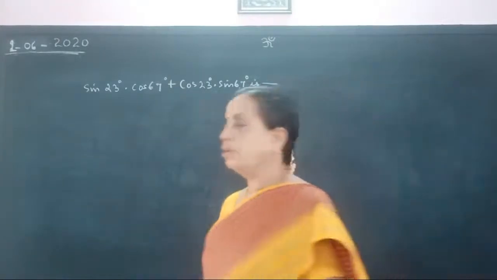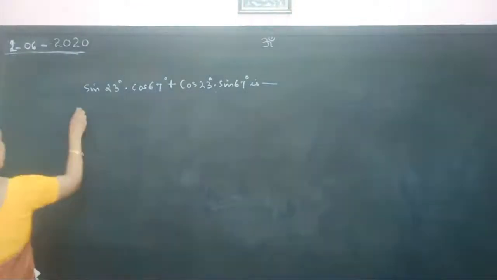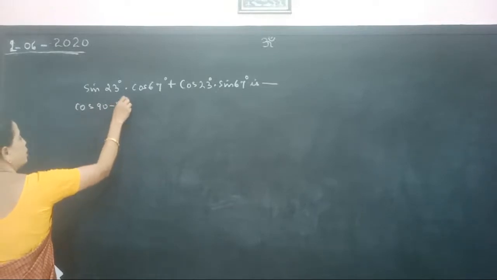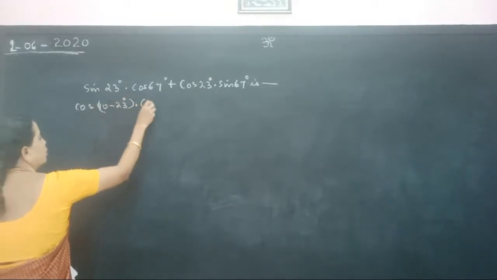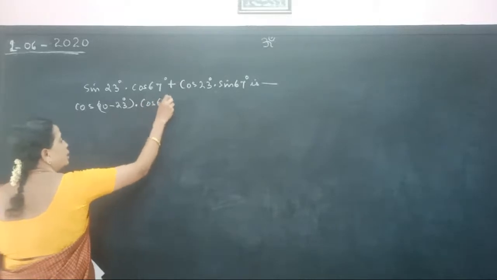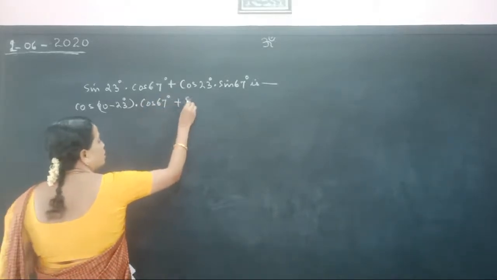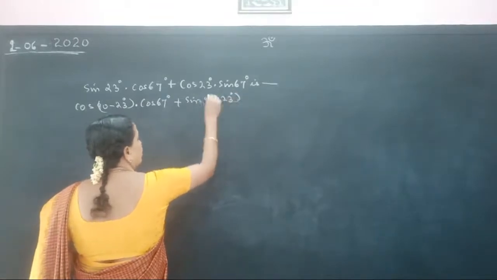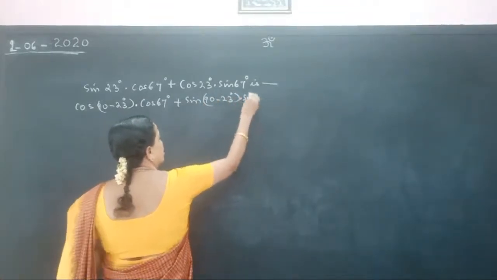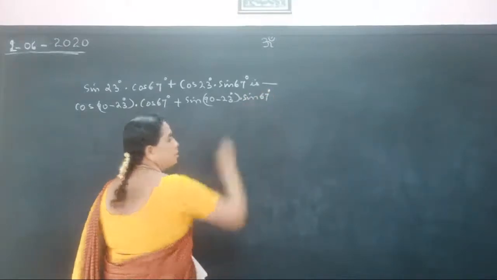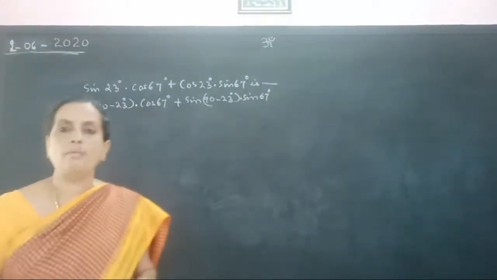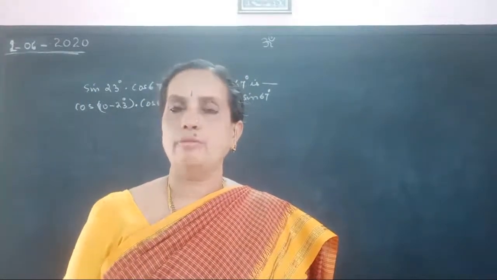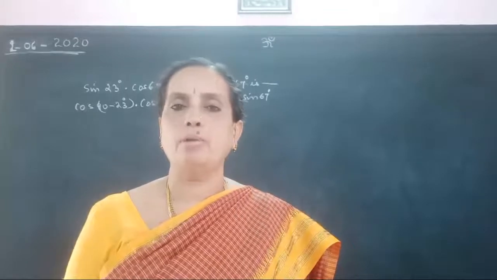We apply sine 23 degree as cos of 90 minus 23 degree into cos 67 degree plus sine of 90 minus 23 degree into sine 67 degree. If the expression is in the form of a plus b, we have to apply the complementary to any one term in the first part.